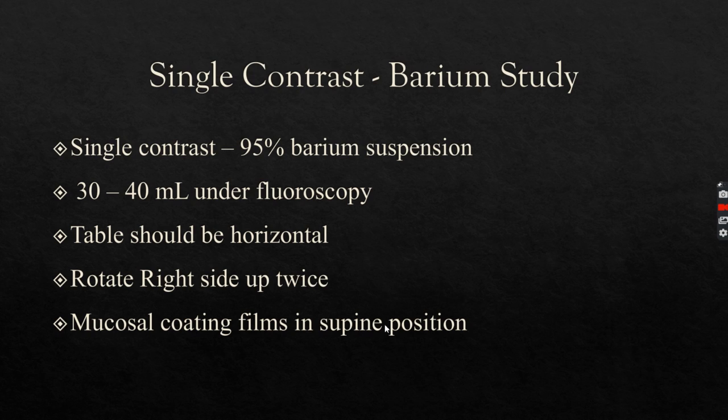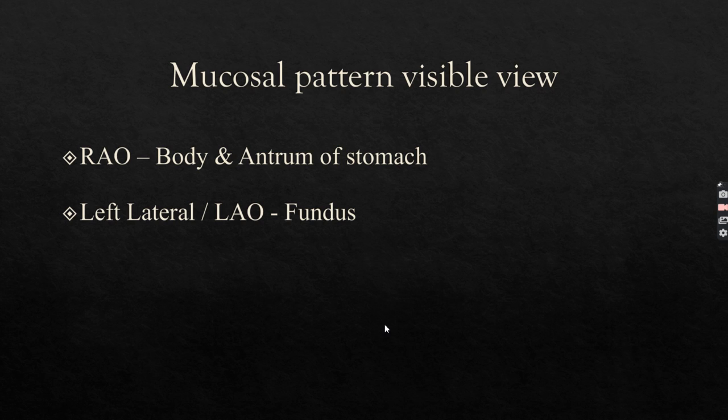The table should be horizontal and right side up. It should be rotated twice. And whenever we want mucosal coating films in single contrast, they should be taken in supine position only.